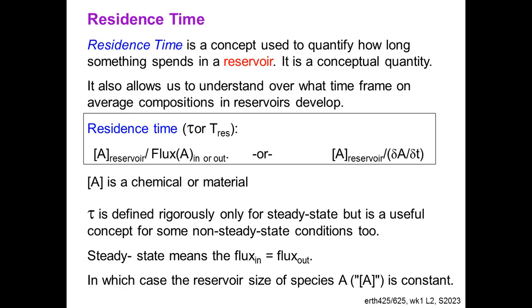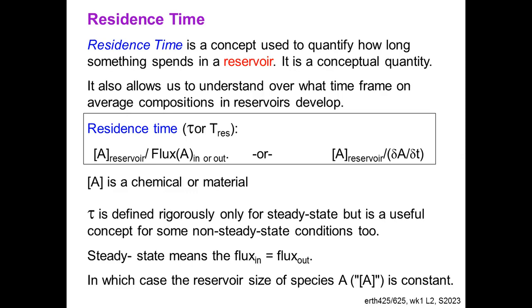And remember, I've mentioned this before, reservoirs can be things like volumes or mass of water, or it could be concentration units like moles of sodium ions in the ocean. The flux is in the same units of volume or mass or concentration per time.